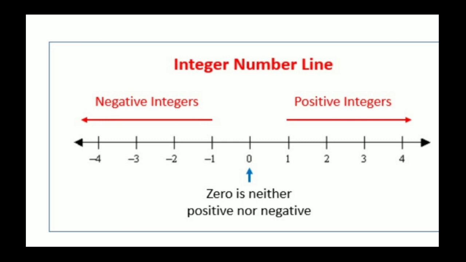Positive numbers are shown without any signs. Clear? Here the plus sign is not shown, but for negative numbers the minus sign is shown. The negative integers, to the left of 0, are smaller than 0, and the numbers on the right side are greater than 0.